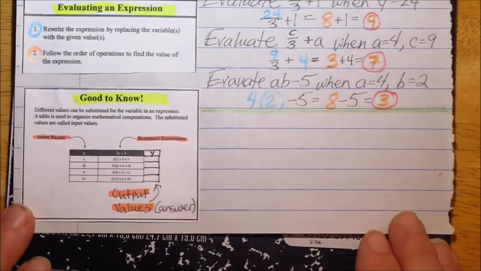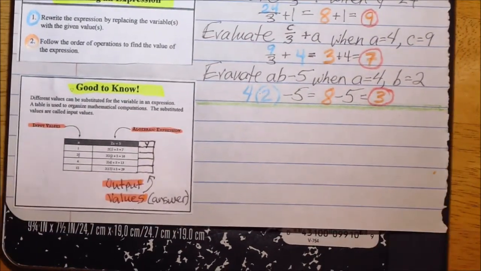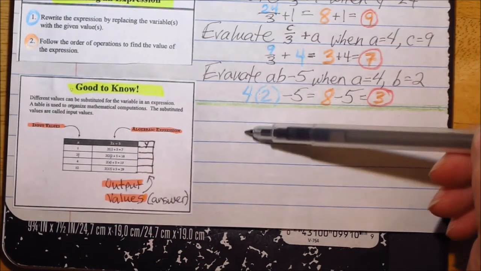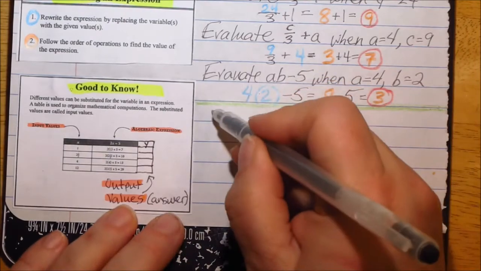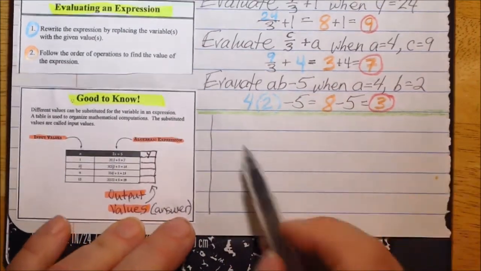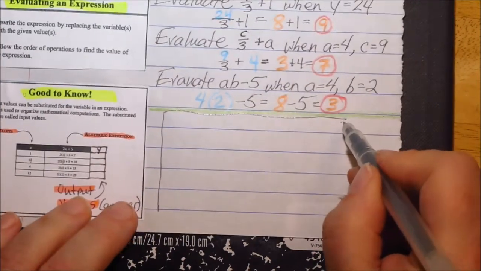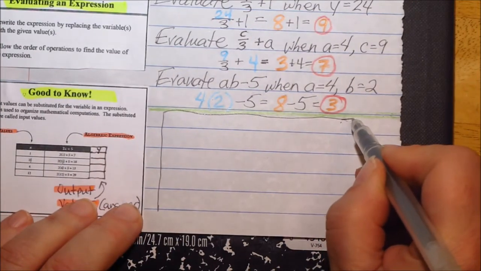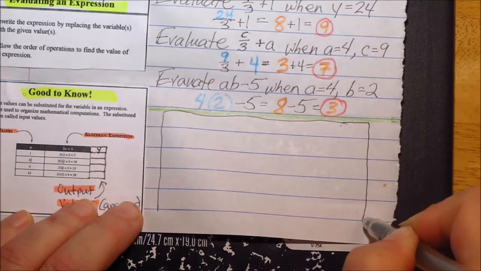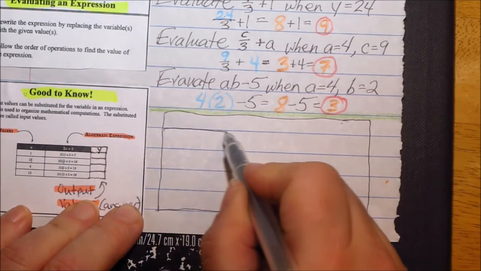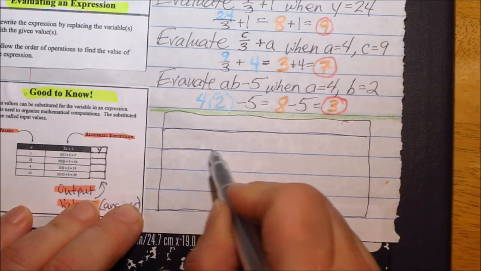All right, so we're going to draw a real quick little table here. I need five lines. 1, 2, 3, 4, 5. Perfect. I'm going to draw a square using all 5 of my lines here, down and across. And then I'll put a line here on each one of these.